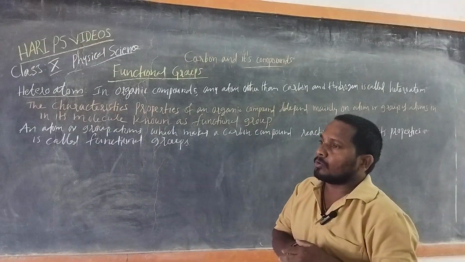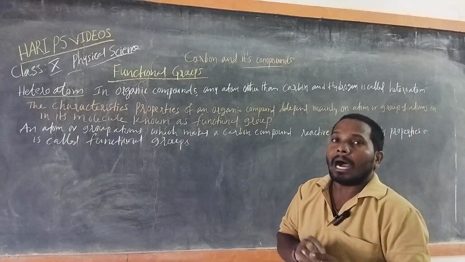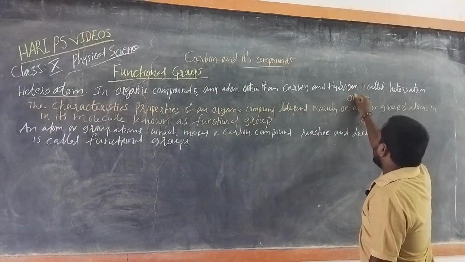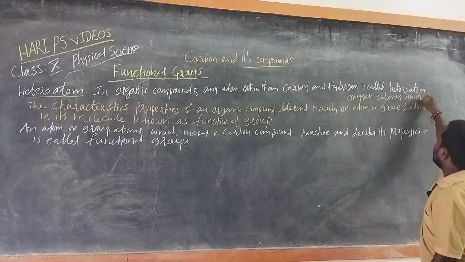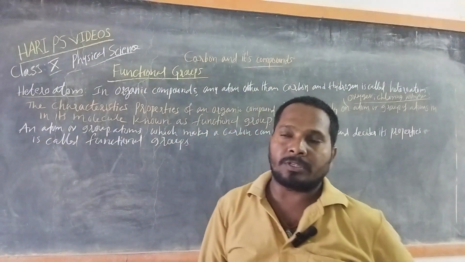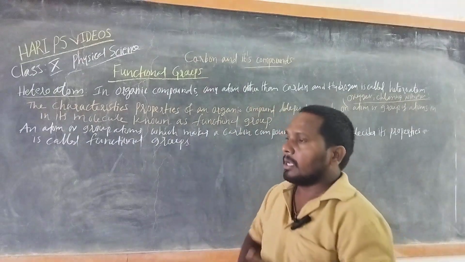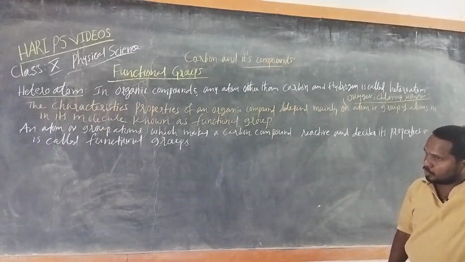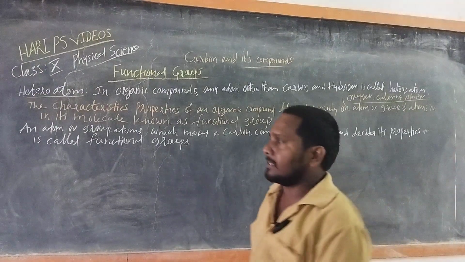Some of the organic compounds or carbon compounds are also formed by other atoms or groups of atoms like oxygen, chlorine, sulfur, nitrogen, bromine, iodine, fluorine, etc. So except carbon and hydrogen, any other atom in the molecule or compound is called a heteroatom.